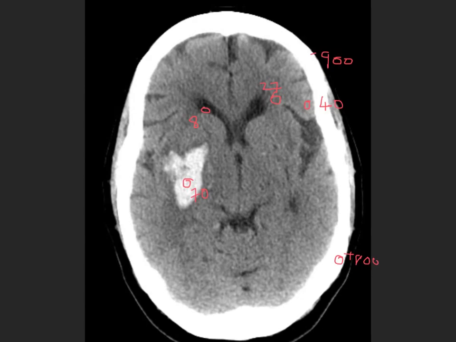So you can see that although there is quite a range of densities on this image between minus 900 and plus 800, we're actually only interested in a pretty narrow range, probably from about 8 for the CSF to 70 for that area of hemorrhage. And we want to really be focusing on that area to see some very, very small changes in density for potential ischemia in this patient.